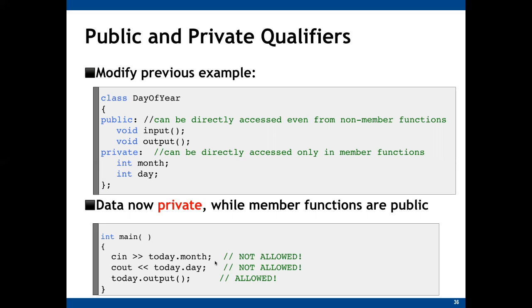On the other hand, the items under public visibility here can be referenced from outside of the class. So here, input and output are member functions and they are public. So this is allowed because the output member function is public. So it can be directly accessed by the programmers or from the outside of the class.